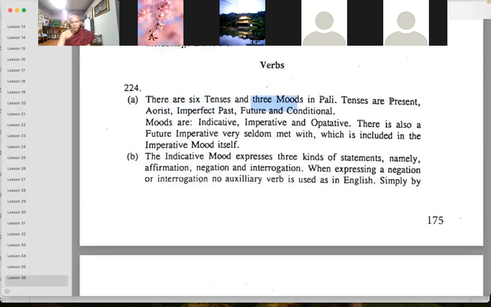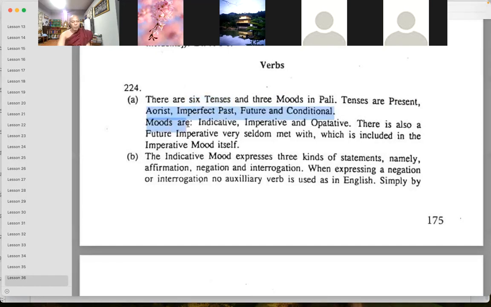The 6 tenses are present, aorist, imperfect, and here I typed a mistake, past perfect also, and the future and the conditional. That's why there must be 6.